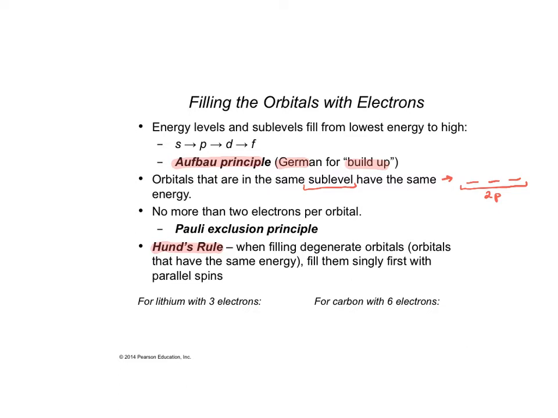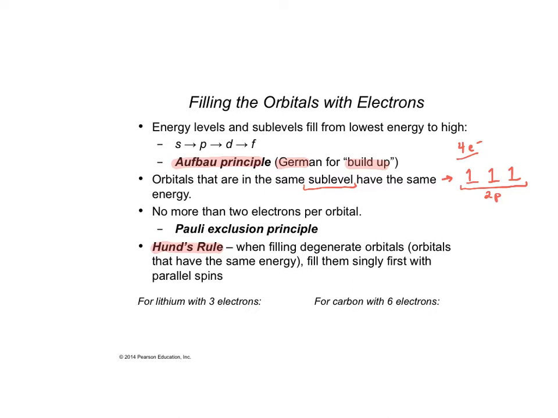Okay, so for example, let's say we were going to put electrons into our 2p orbitals. Let's say we had 4 electrons to put in there. I'm going to put them in one at a time into each individual p orbital. This is what we mean by putting them in singly first. They're all going to have the same parallel spin, okay?